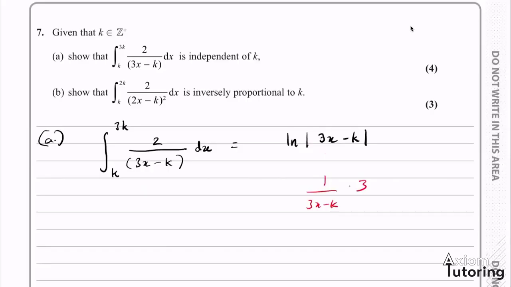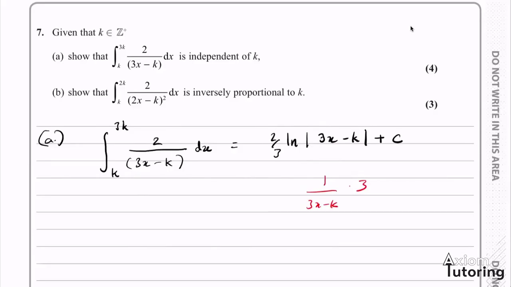Of course, we don't have 3 in our numerator, we have 2. So, in fact, we want to divide this whole thing by 3 and then multiply it by 2, so it's actually equivalent to what's on the left here. Then it's 2 over 3 ln 3x minus k. And then, of course, if we're doing just the integral of the fraction here, it will be plus c.